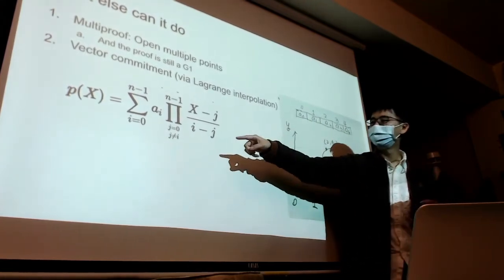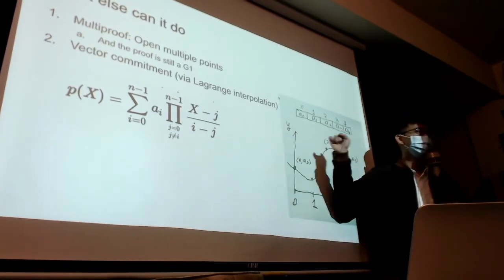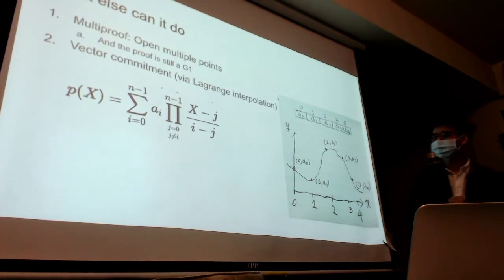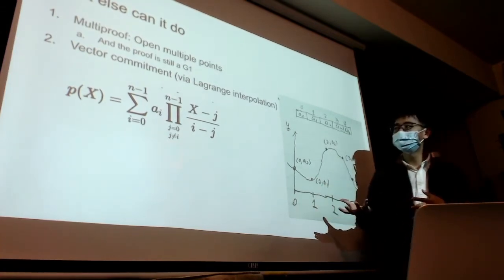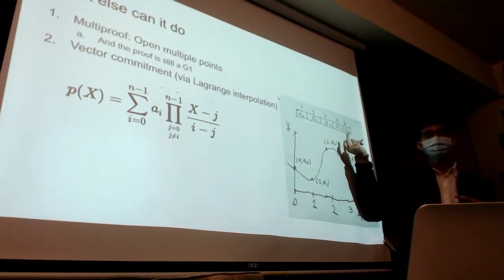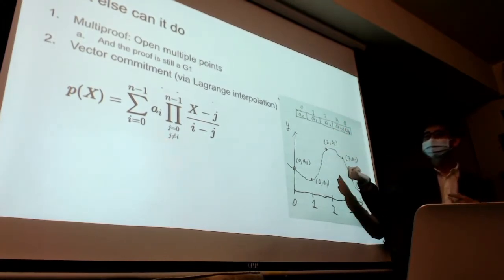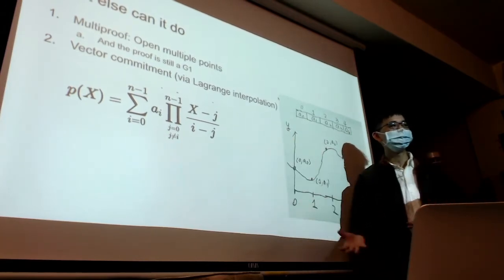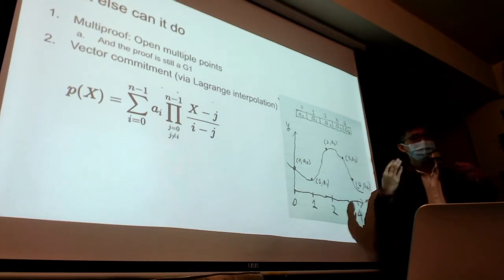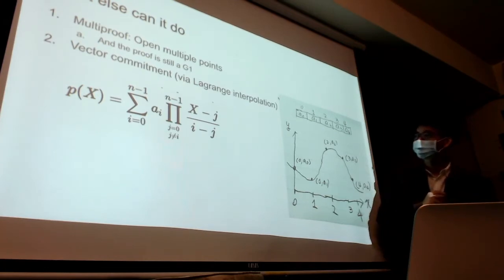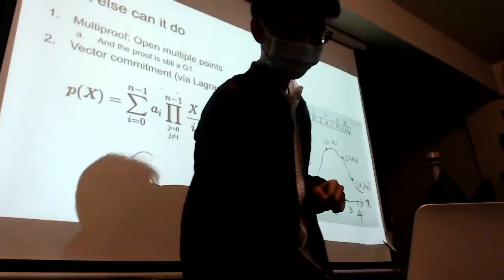And if you evaluate at 1, you get A1, etc. So this is how you turn actual vector data into a polynomial: you use Lagrange interpolation, and you commit that polynomial and use it to do the rest of the business logic. And yeah, I think that's it.